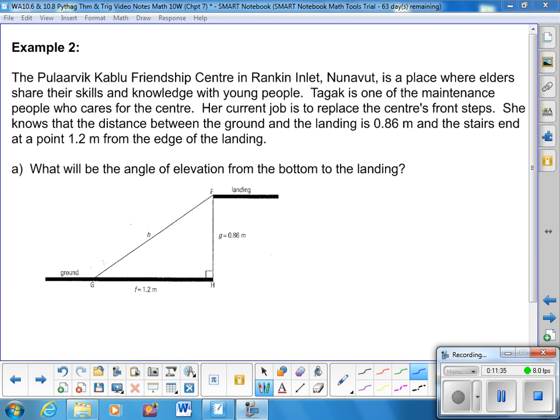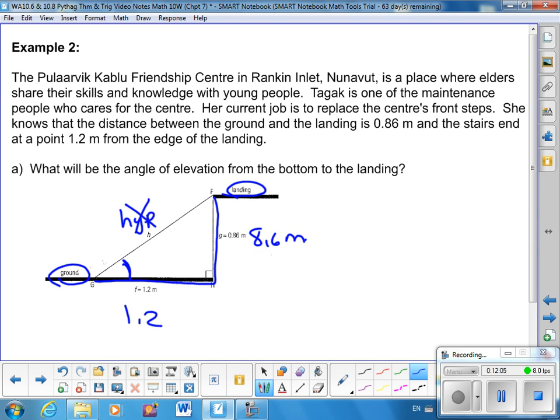We are trying to find the angle of elevation from the bottom to the landing. So we're replacing some front steps. This is the ground, this is the landing, and we know the distance between the ground and the landing is 8.6 meters, and the stairs end 1.2 meters from the edge of the landing. So we know those two sides, and we want to know the angle of elevation. So this bottom angle, we do not know the hypotenuse. We know the opposite and the adjacent.